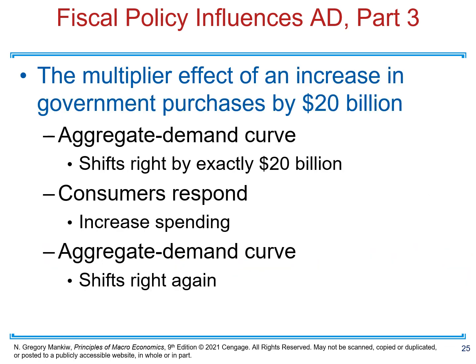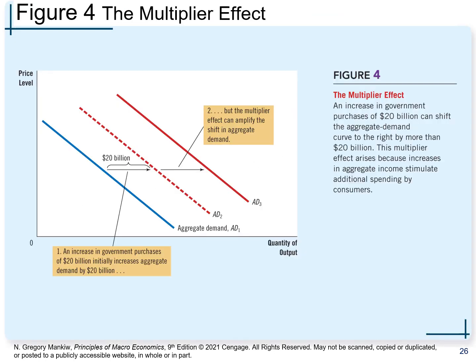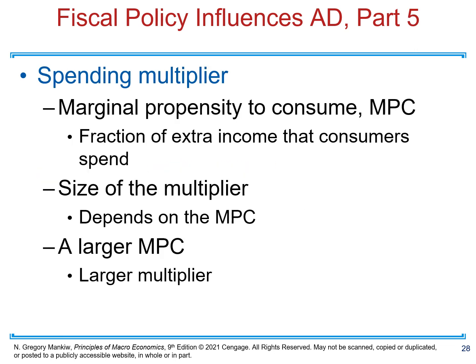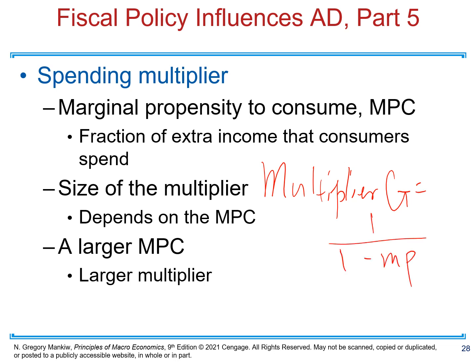Now for the multipliers, there's a multiplier on government spending, and there's also a multiplier on tax. So make sure you know which one it is, right? The formulas: the multiplier for government spending equals 1 over 1 minus MPC.